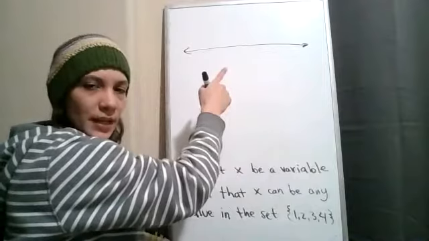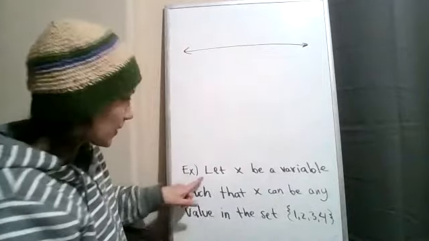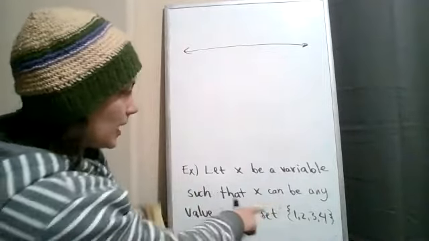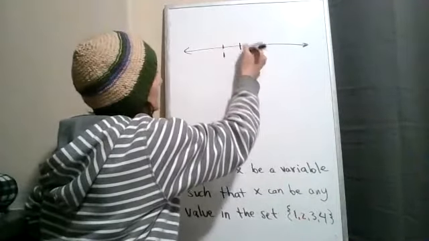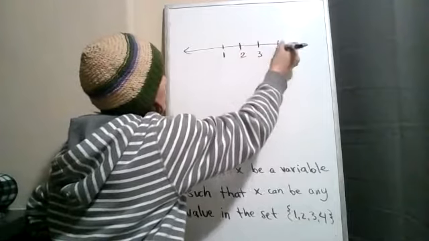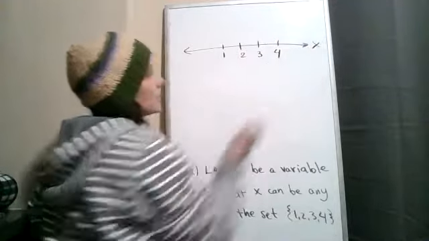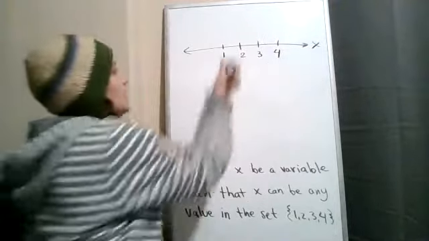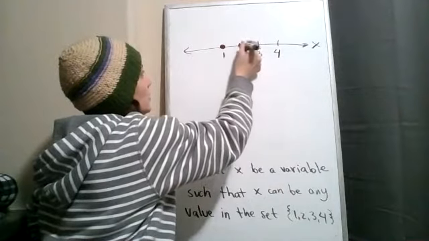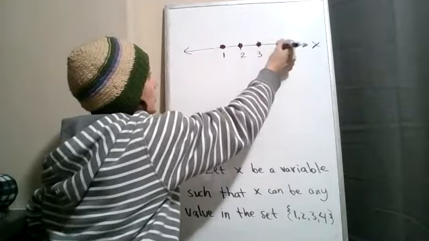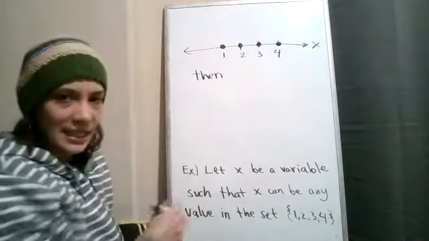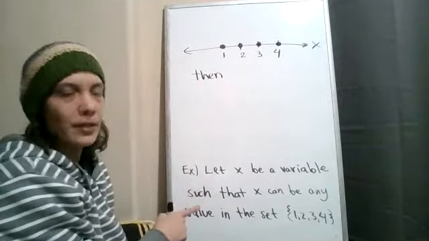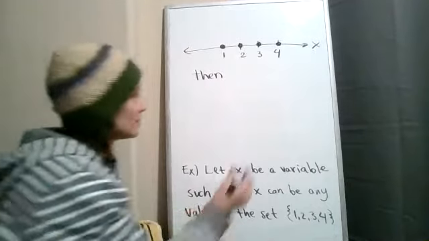This is a real number line, and I guess any number. We're going to plot 1, 2, 3, and 4, values of x. And then x can be 1, or 2, or 3, or 4. And this x is a discrete variable.